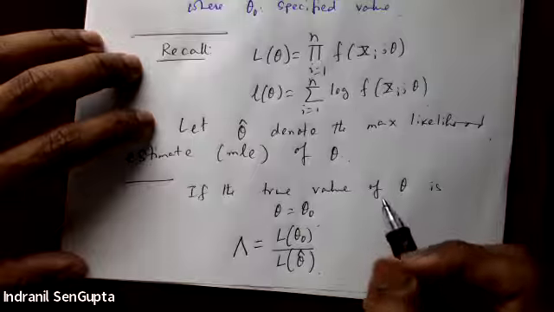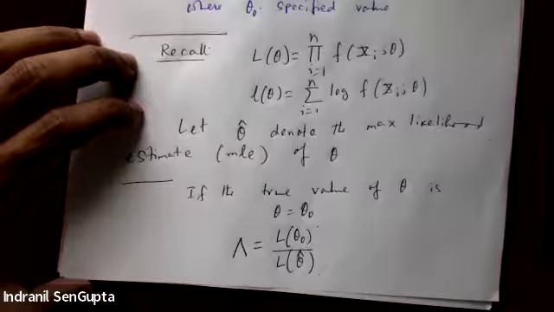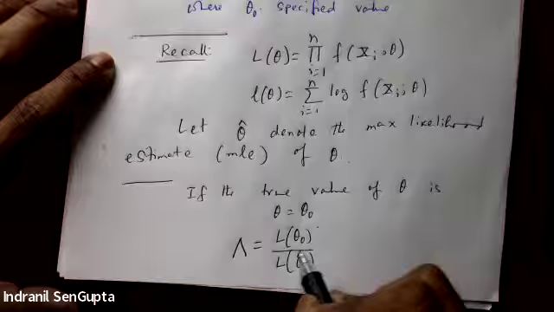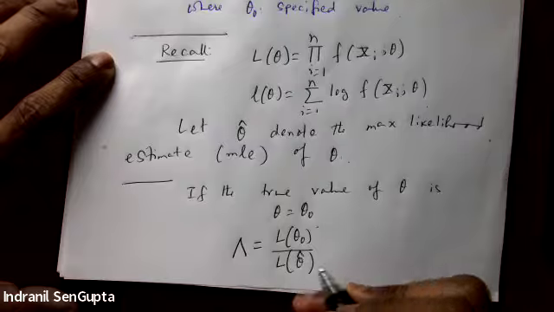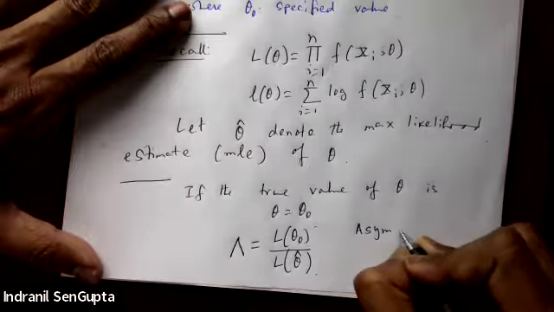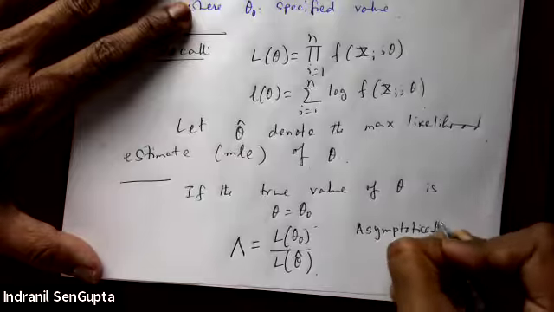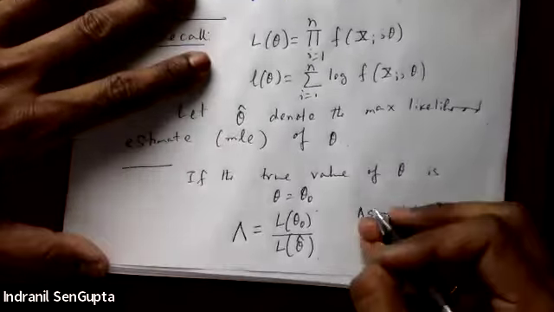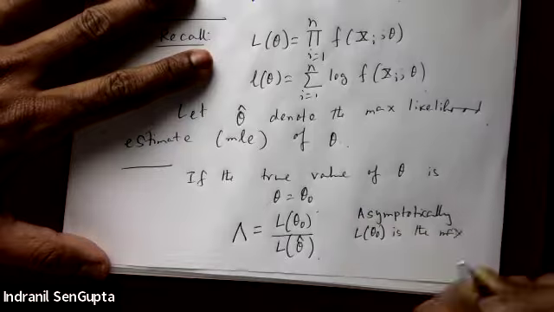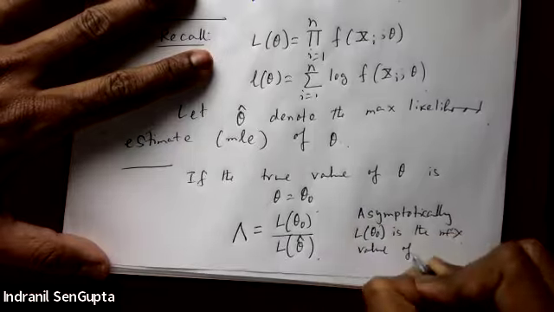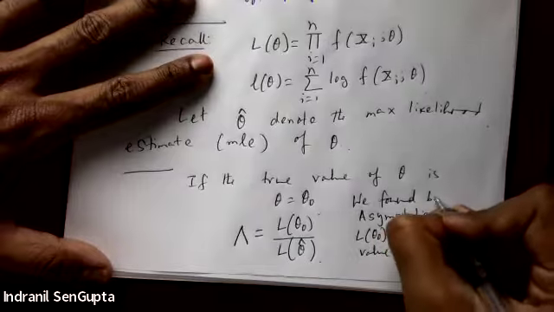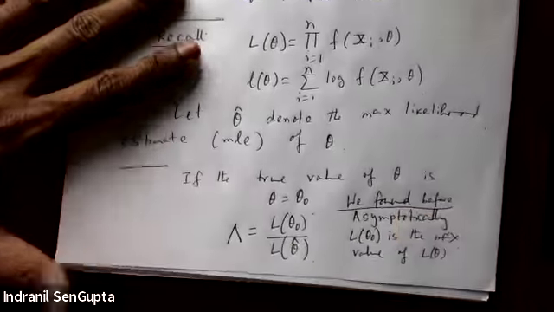Now we know that asymptotically, L(theta 0) is the maximum out of all the L(theta), right? So we have seen before that asymptotically L(theta 0) is the max value of L(theta). And in fact, we proved this result in the last class.